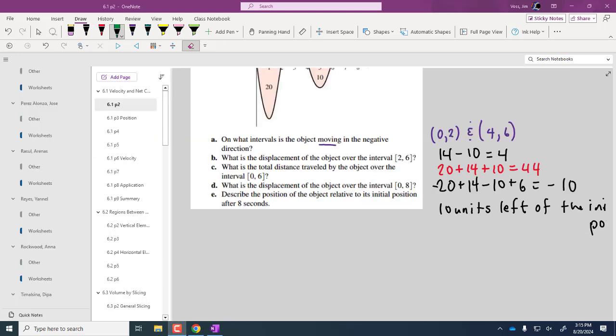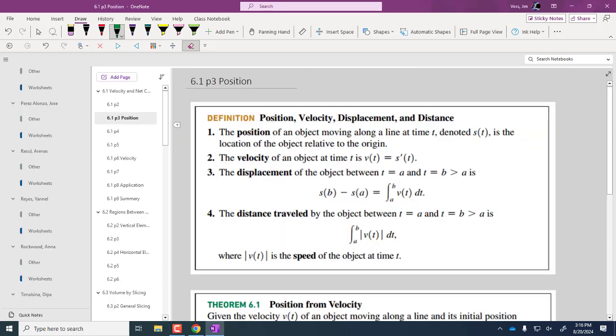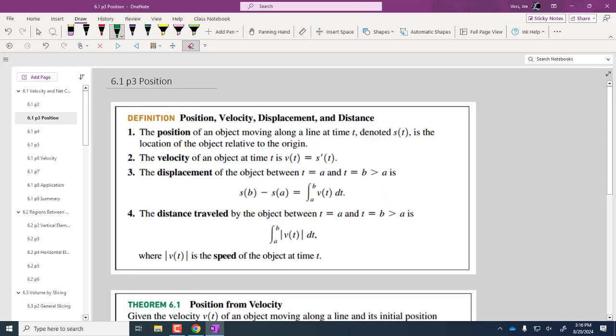We will take another look at some of these concepts. This slide here is just summarizing what we saw.